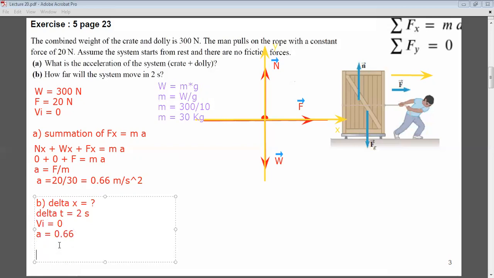So in order to get delta X, I have to use v initial delta T plus half times a times delta T squared. You just plug in the numbers and you get delta X equal to 1.34 meters.